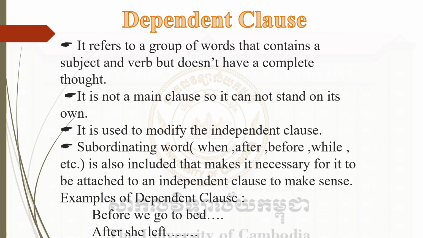And the last point is about subordinating words, such as when, after, before, while, etc. These kinds of words are also included, which makes it necessary for a dependent clause to be attached to an independent clause to make sense.